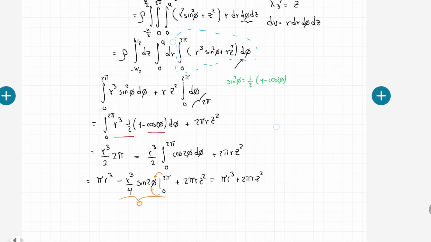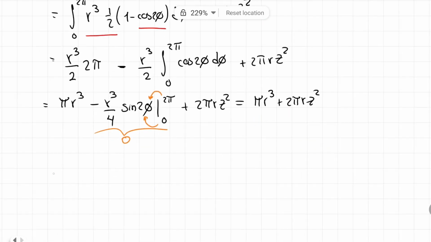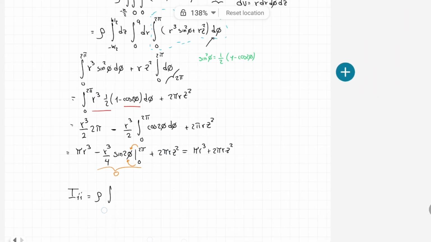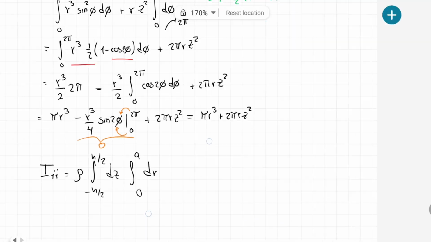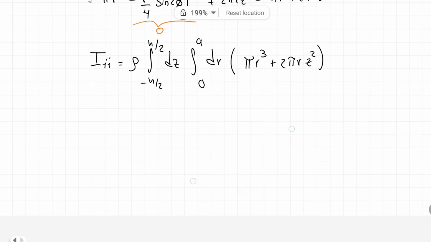Okay, so let me substitute the result. We are going to get that the component I11 is equal to the density times the integral from minus h over 2 to h over 2 dz, the integral from 0 to a dr, and then times pi r cubed plus 2 pi r z squared. Okay, perfect.